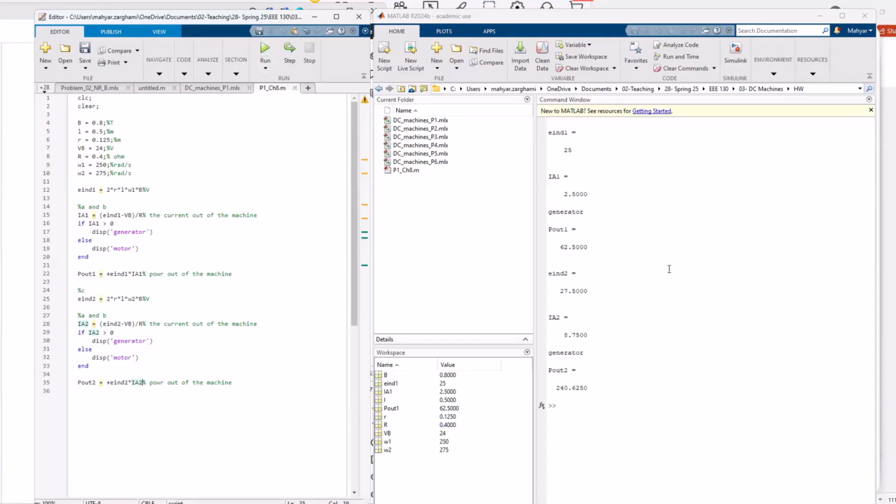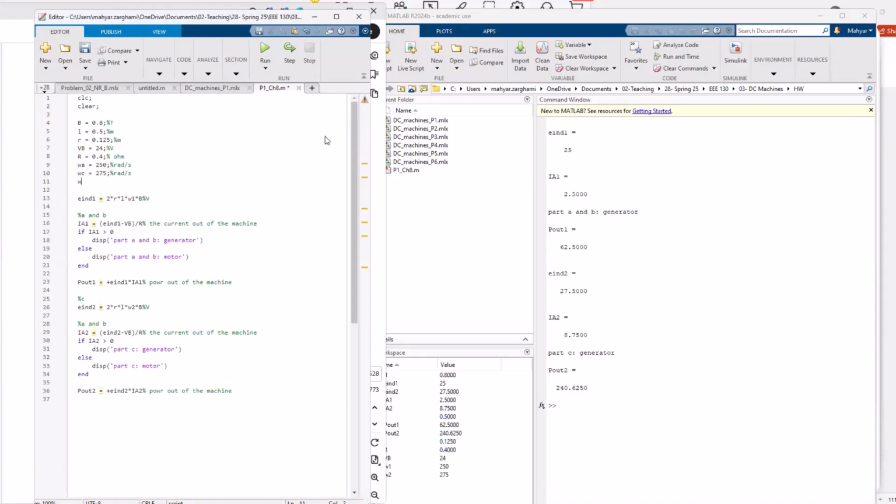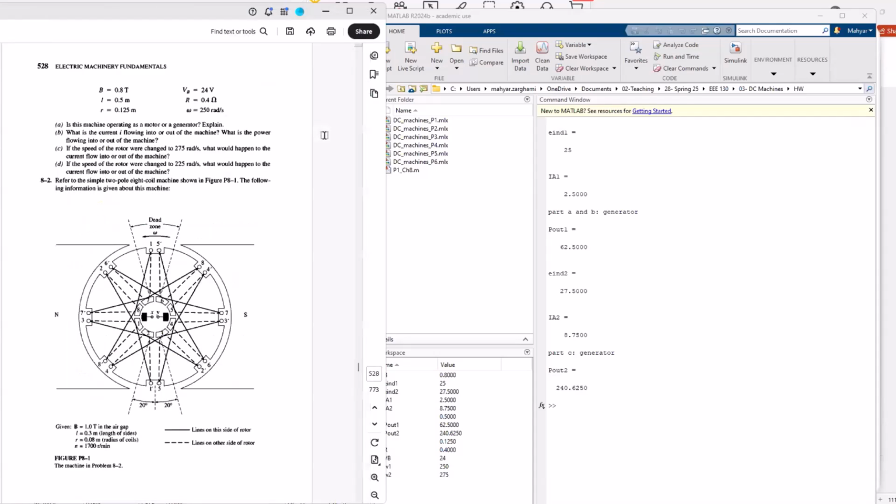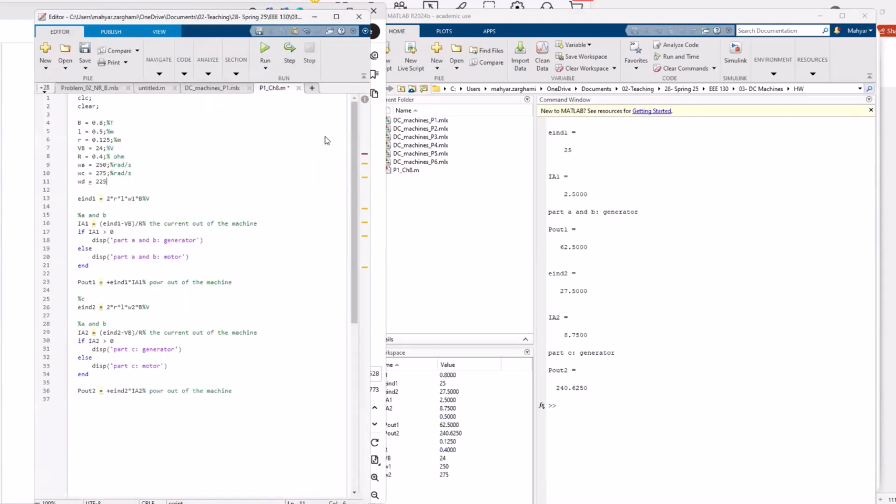Now, in the second condition, P out is still going to be positive, which means the machine would still be a generator. Let me call these omega A, omega B, associated with parts A and B, omega C and omega D. This is associated with part D of the problem, which is 225 radians per second.